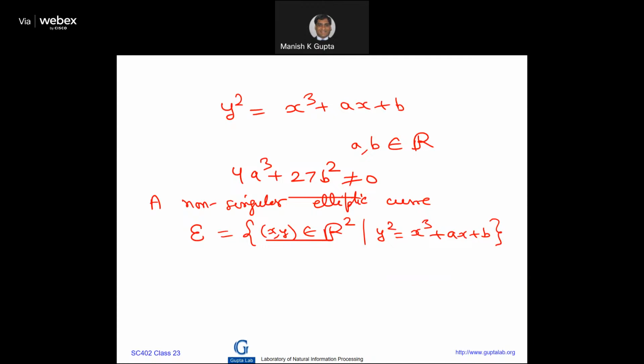I'm putting this additional condition. Why is that condition there? That's why I'm saying you should try. Use your IIT JEE techniques and see when the solution is possible and when it is not possible, all those kinds of analysis of this equation, right?